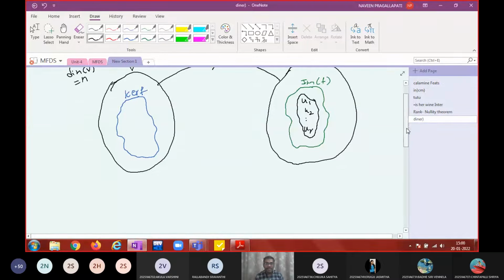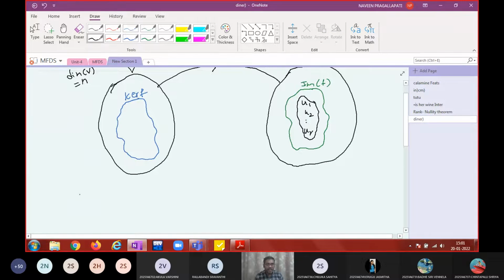So what I am assuming is that the image space or range space is spanned by u1, u2, and so on, ur. I'll say it like this: span of B, where B equals u1, u2, and so on, ur.